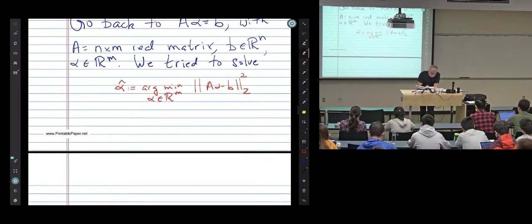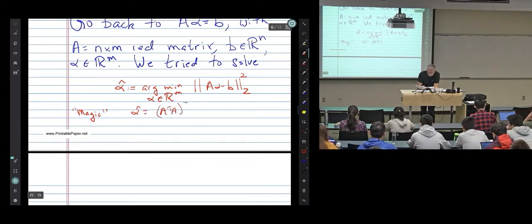By magic, we had alpha hat is A transpose A inverse A transpose B when the rank of A was equal to the number of columns, okay?